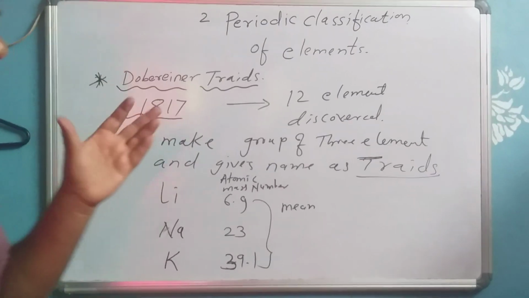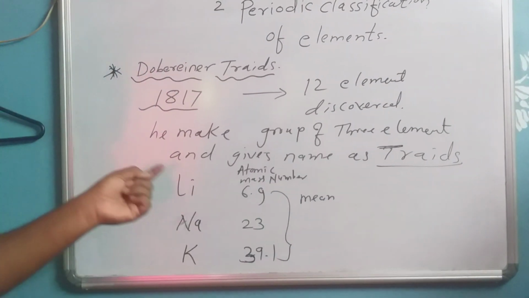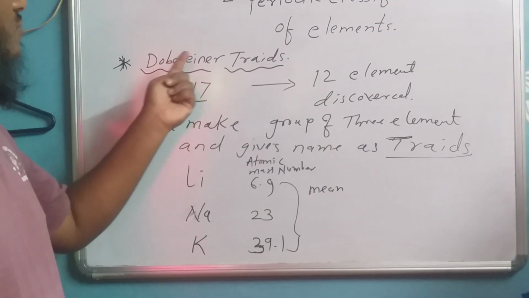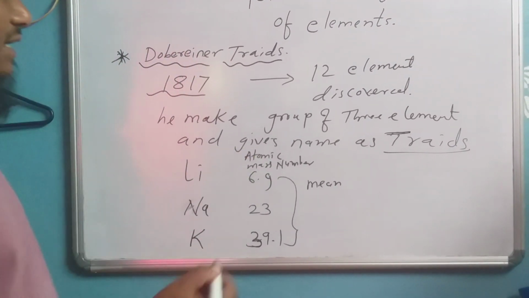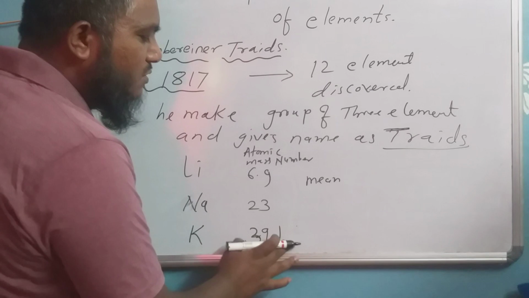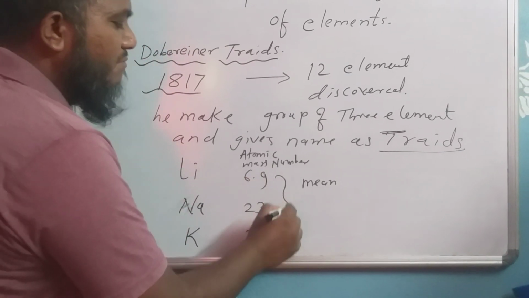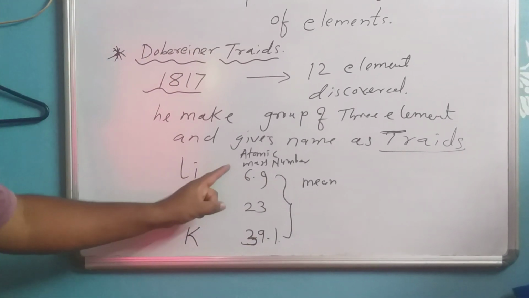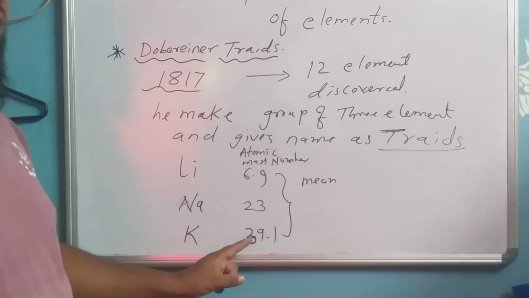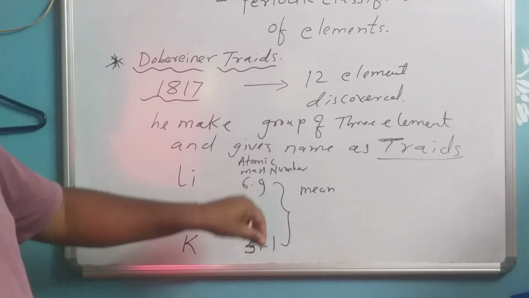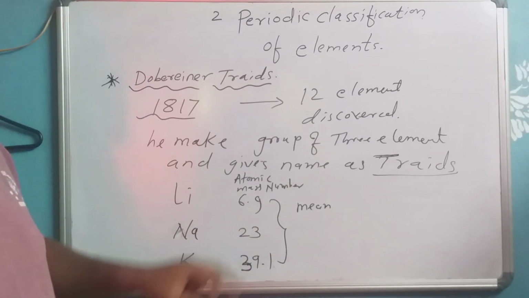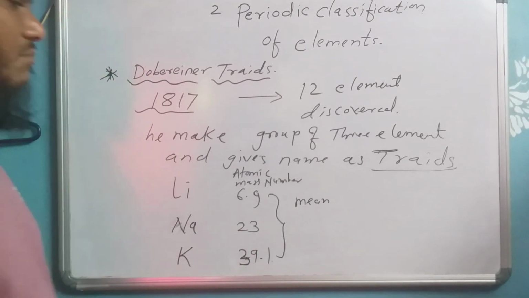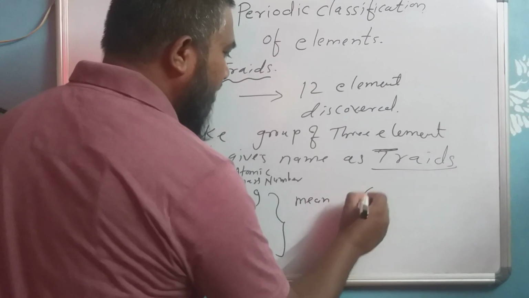Now I am repeating this theory: the mean of the first element's atomic mass and the third element's atomic mass from the triad is approximately equal to the middle element's atomic mass. Let us see how he has taken it.